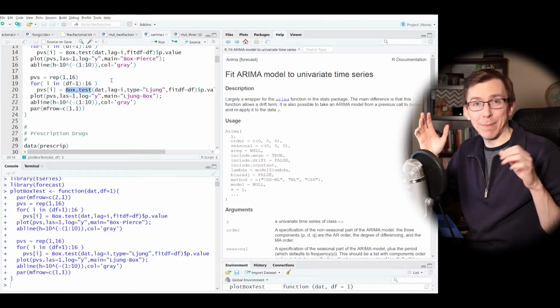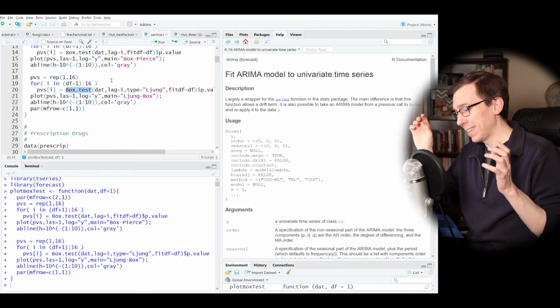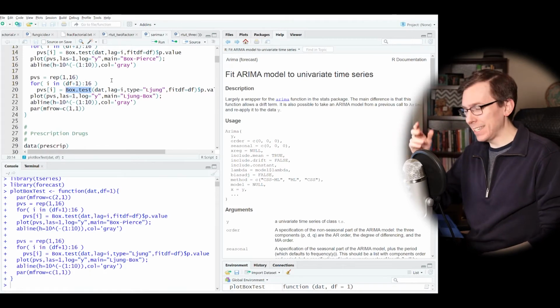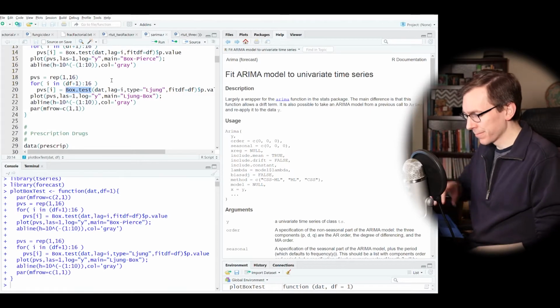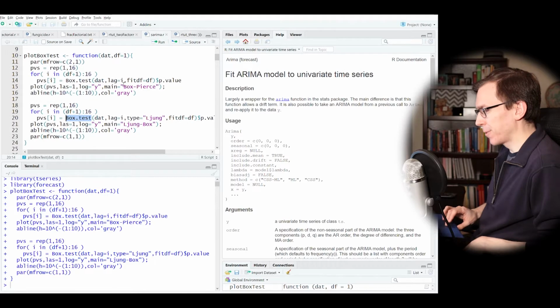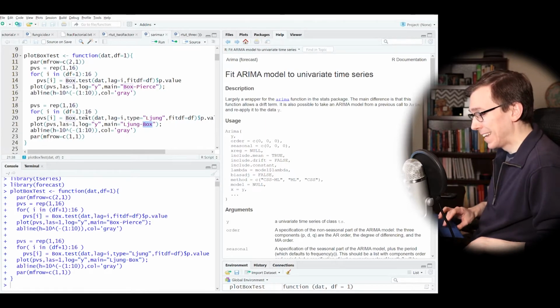So remember, we estimate the autocovariances, and we try to determine whether or not any of them are significantly different than 0. So all I did here was write a function that runs both the Box-Pierce variety and the Ljung-Box variety of this statistical test, and applies it to the data at various lags, starting from whatever the degrees of freedom are and going up to 16.